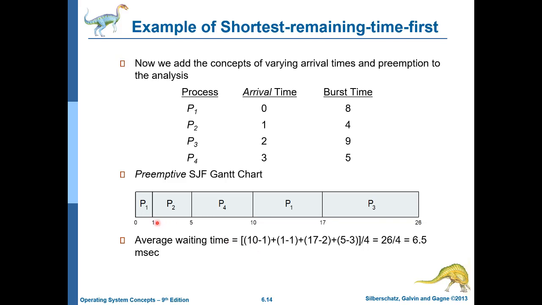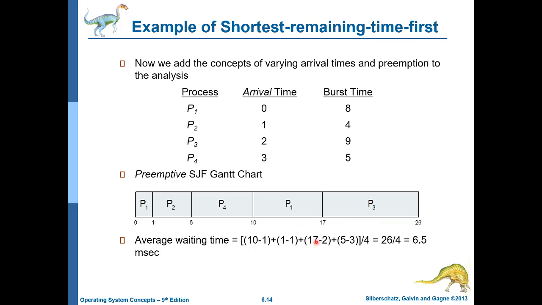For P2, P2 came at time unit 1 and it went to the CPU also at time unit 1, so the waiting time was 1 minus 1, which is 0. For P3, it went to the CPU at time 17, but its arrival time was 2, so its waiting time was 17 minus 2, which is 15.